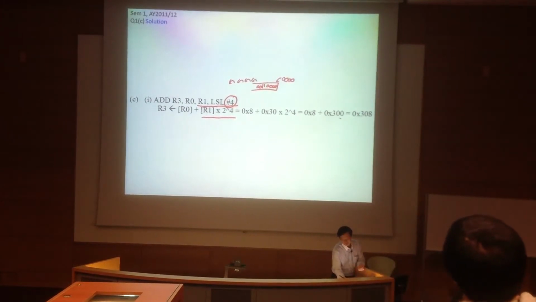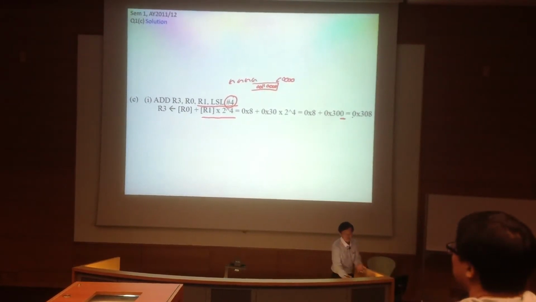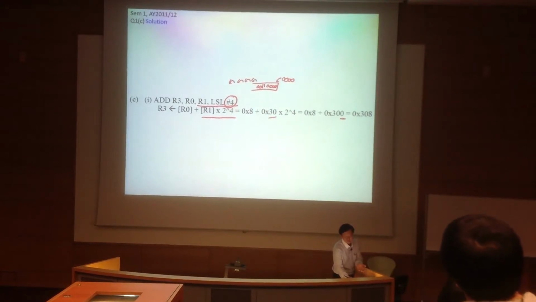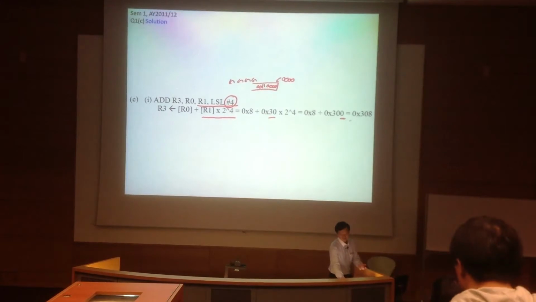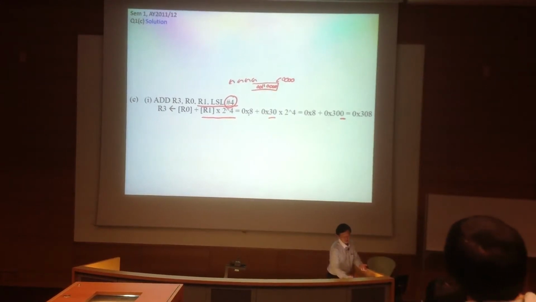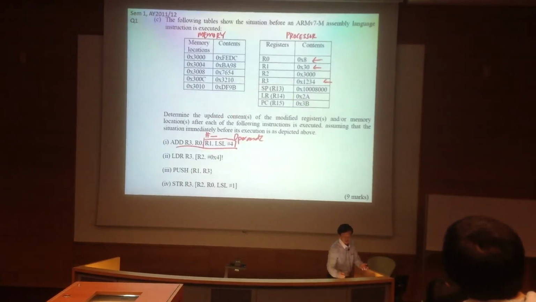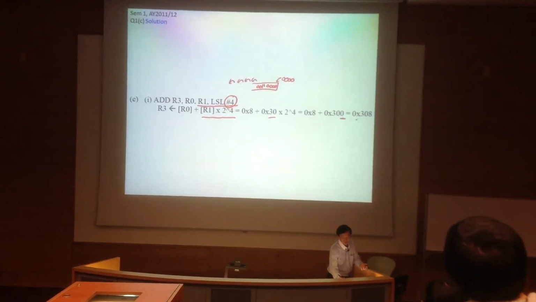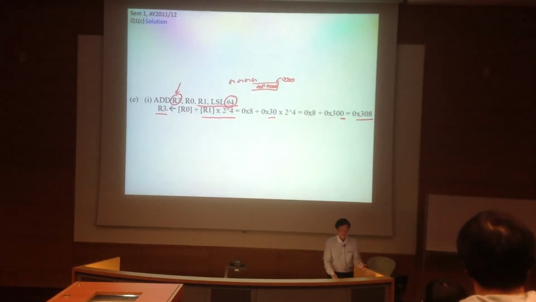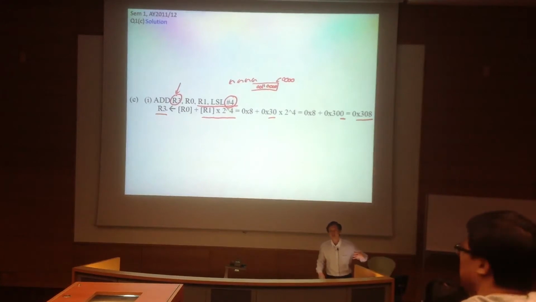That's why it's not surprising that when you shift left by 4, 30 becomes hexadecimal 300. And then you add the value in R1, you end up with 308. And then this 308 is the one that goes into the destination register R3. So this is something that you must be able to do in a few minutes.